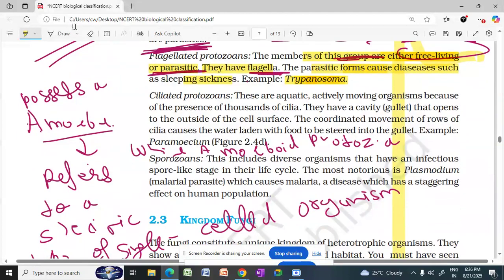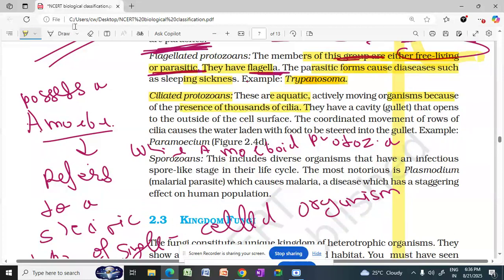Next one is the ciliated protozoan. Whenever I say ciliated, it means it has cilia. Cilia are hair-like structures. Ciliated protozoans are aquatic, meaning they live in water, and are actively moving because they have thousands of cilia.